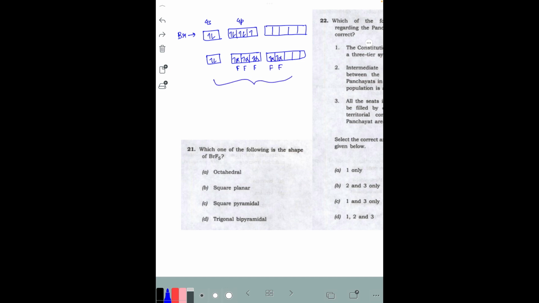So the hybridization is sp3d2, and the geometry will be square pyramidal, that is like this, along with one lone pair. So this will be the correct answer.